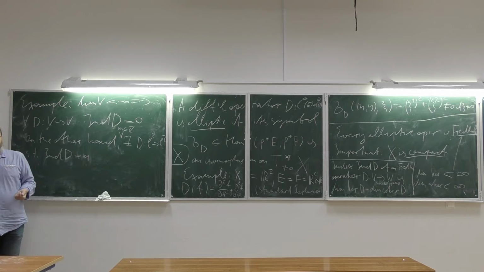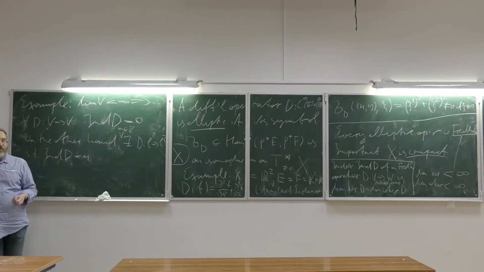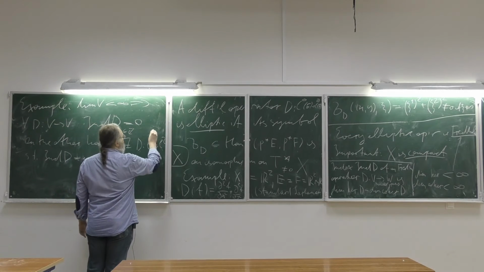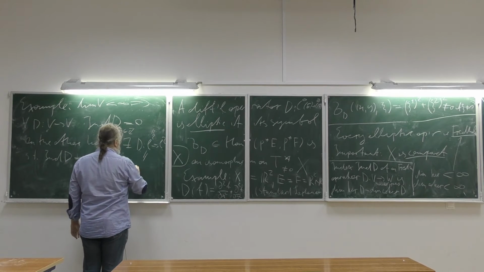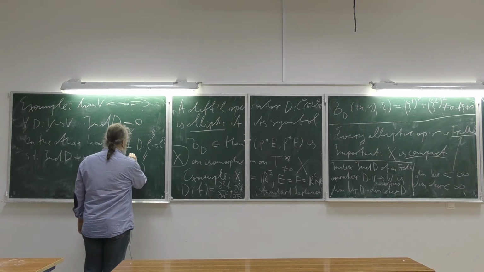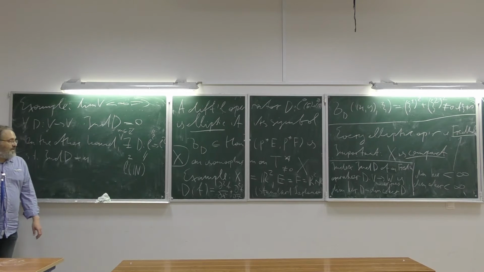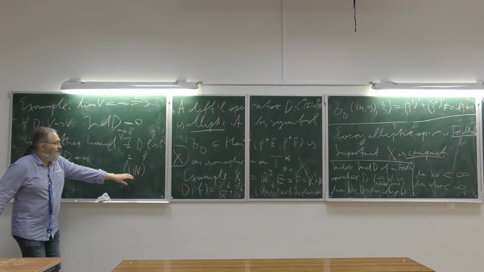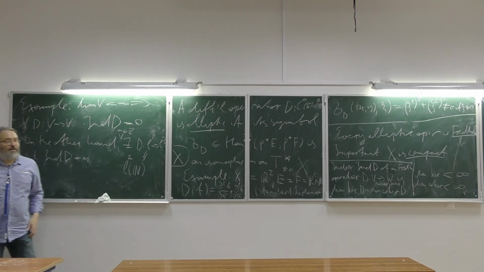Can someone give me an example? Where L2 is L2 on n. Okay, left shift. What will the index be if we take L2 of n and shift to the left?